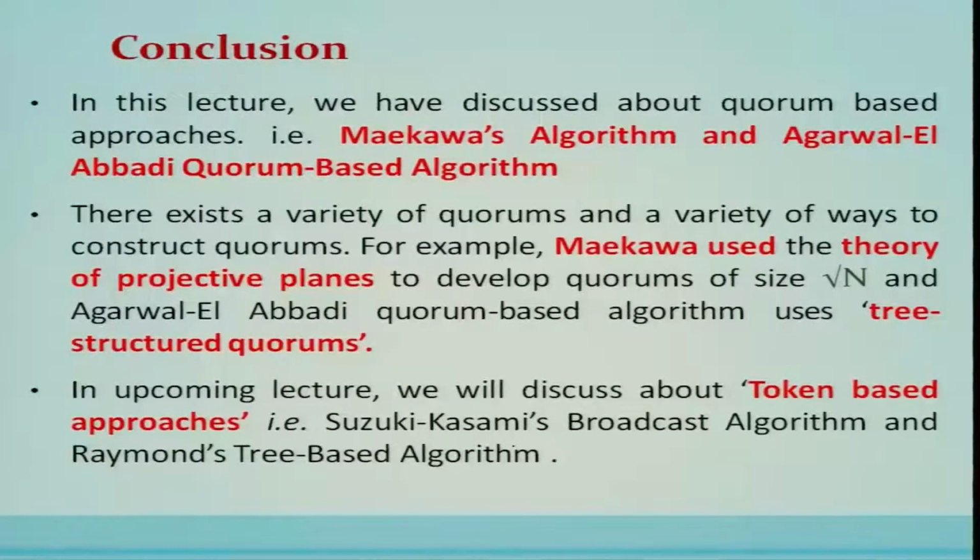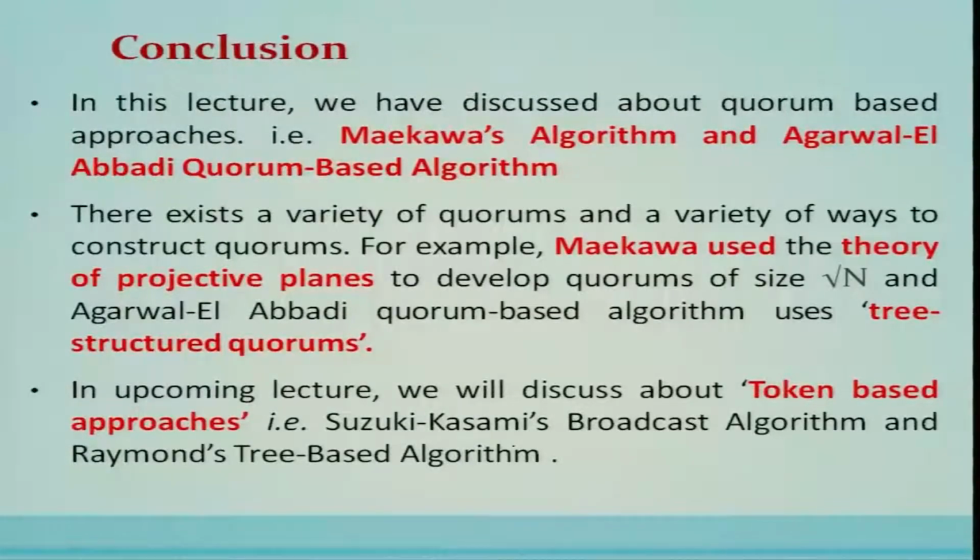Conclusion. In this lecture we have discussed quorum based approaches for solving distributed mutual exclusion, that is, Maekawa's algorithm and the Agarwal-El Abbadi quorum based algorithm. There exist a variety of quorums and a variety of ways to construct them.